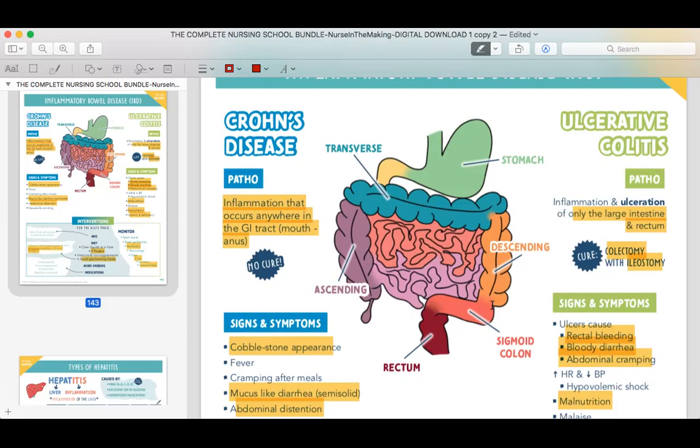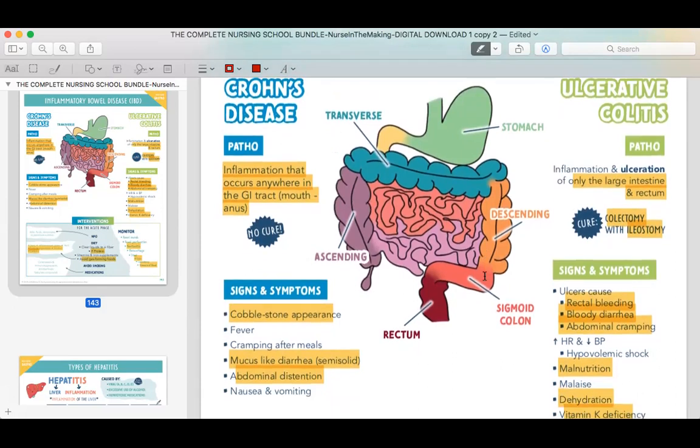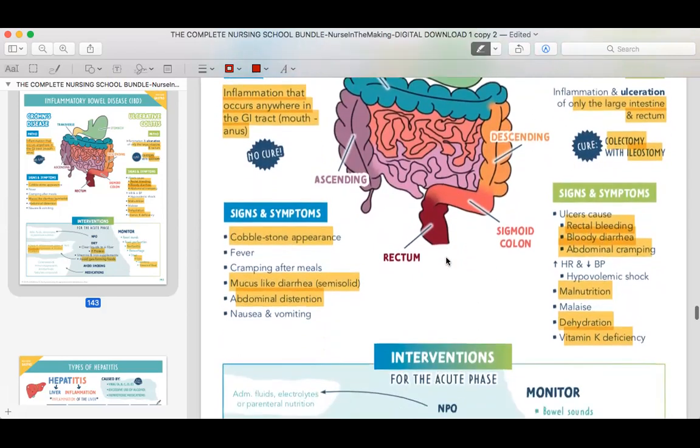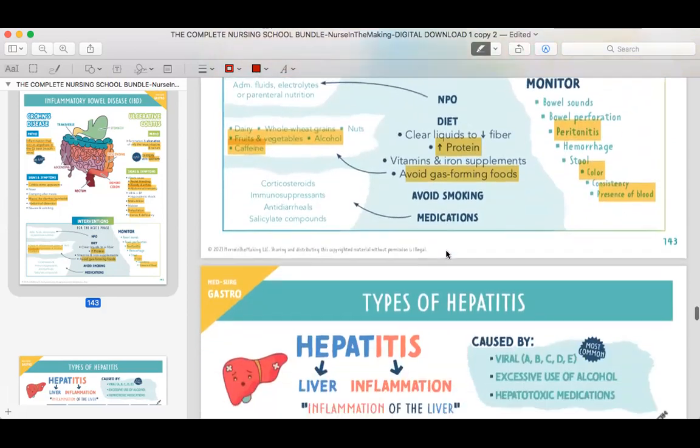It's like when you don't clean your room, you get all this dirt, and it starts forming bacteria, starts smelling bad. If that gets ruptured and somehow ends up going into your body, like your intestines, that can cause peritonitis. So you want to monitor for that.